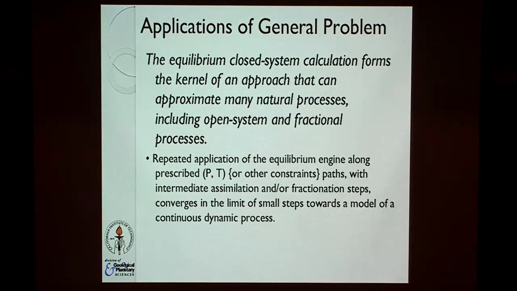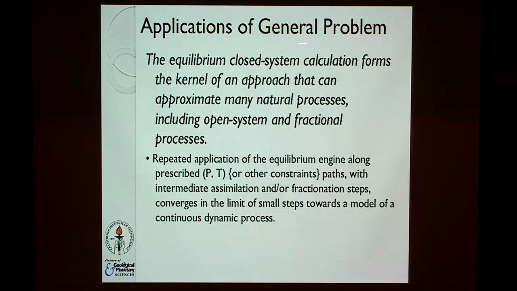But fractional crystallization can be approximated as a series of equilibrium calculations with steps in between where you doctor the bulk composition by doing something like removing the solids. Same thing for fractional melting. Same thing for assimilation. Same thing for a lot of naturally important open system processes. You can break them down into steps. Find equilibrium, then change the system somehow and get new parameters and find the equilibrium again.